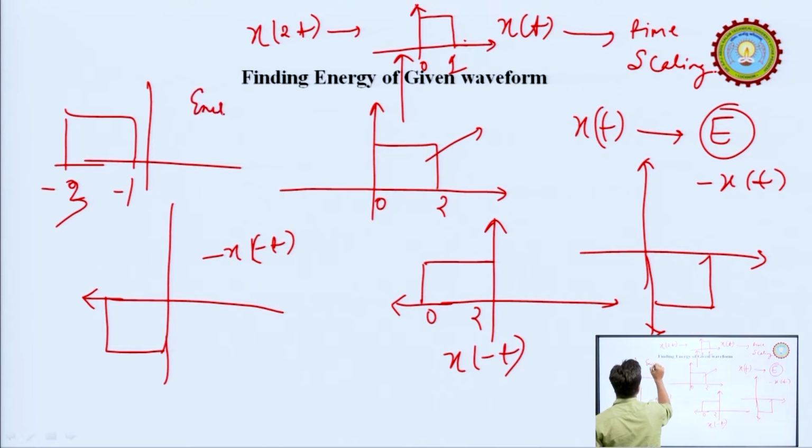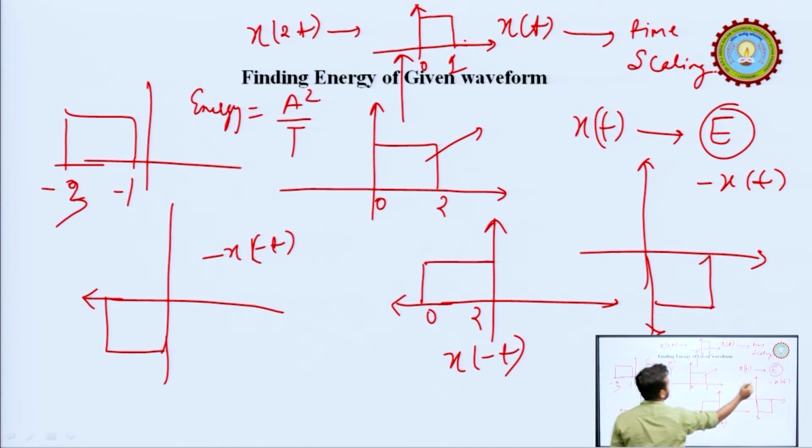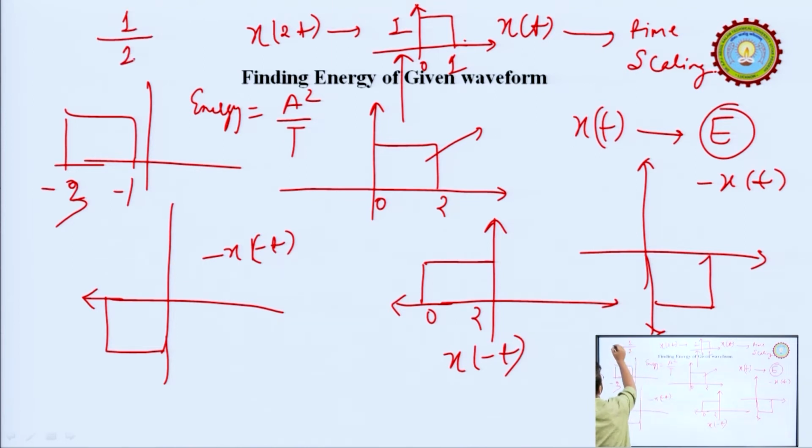Energy will be area upon time. What will be the area? Energy is area square upon time. Okay. So, area square upon time, what is the area? If this is 1, so 1 upon time is 1. This is basically the energy for the modified signal.